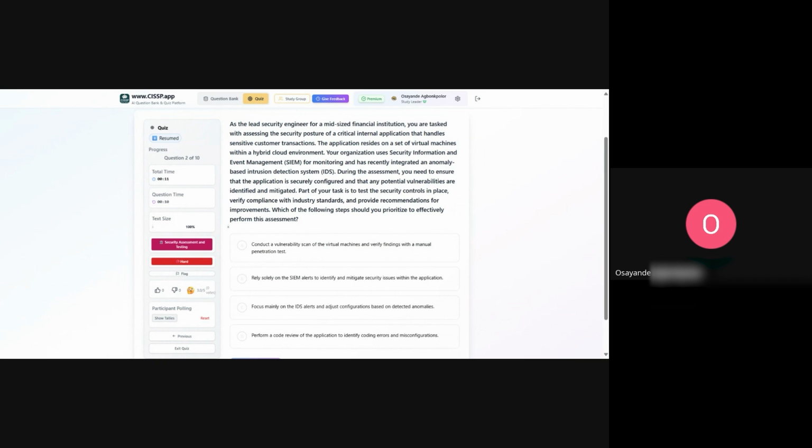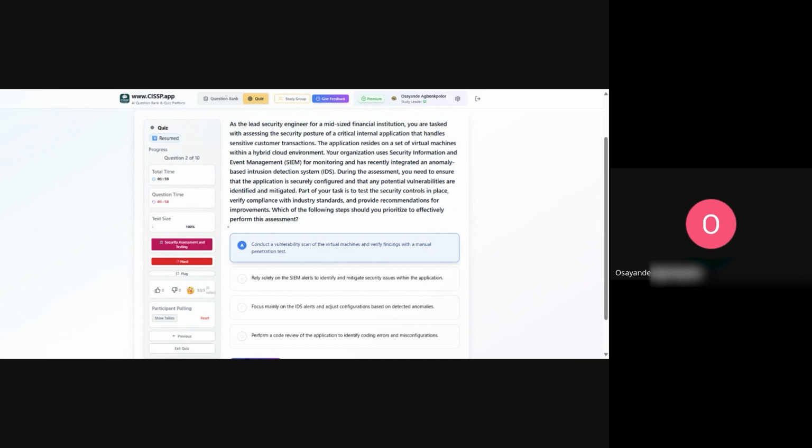During the assessment, you need to ensure that the application is securely configured and that any potential vulnerabilities are identified and mitigated. Part of your task is to test the security controls in place, verify compliance with industry standards, and provide recommendations for improvements. Which of the following steps should you prioritize to effectively perform this assessment?